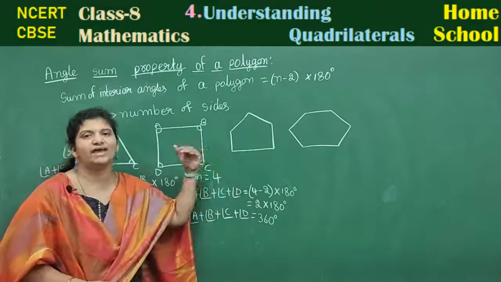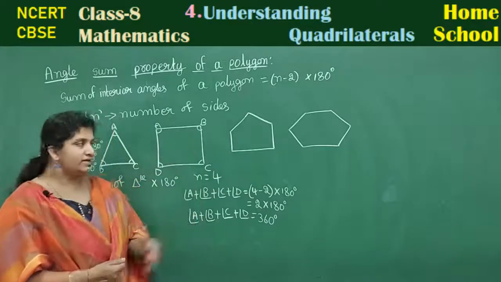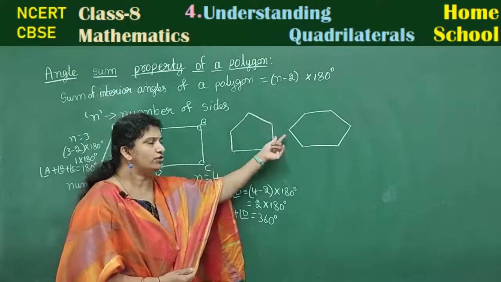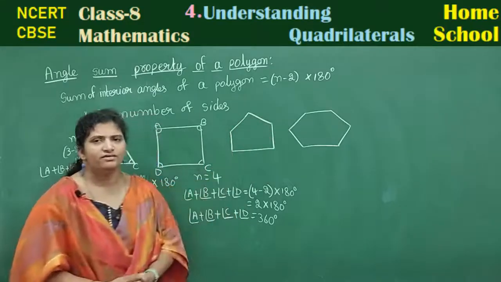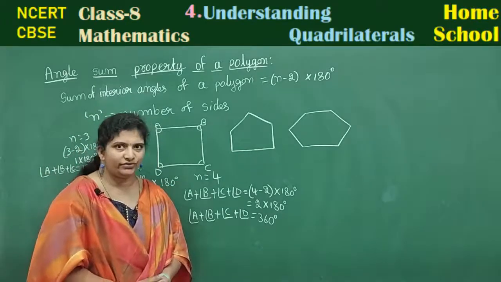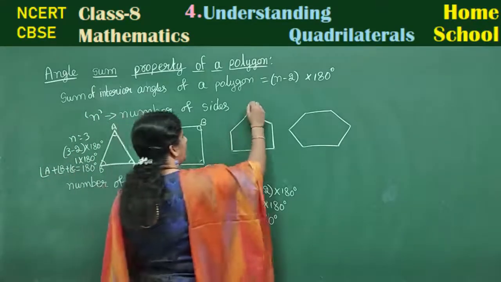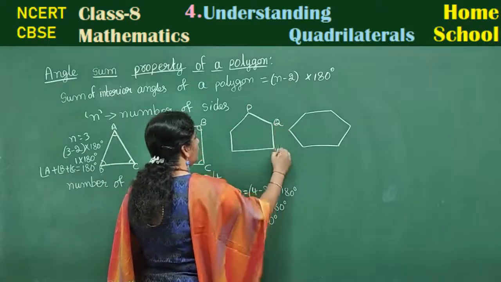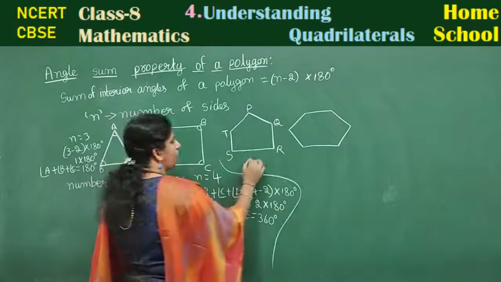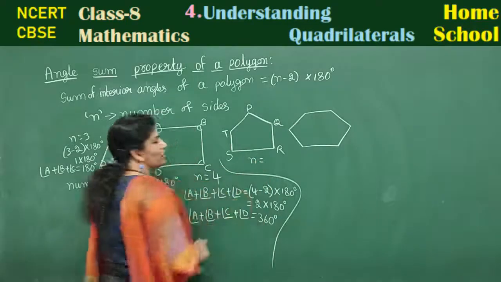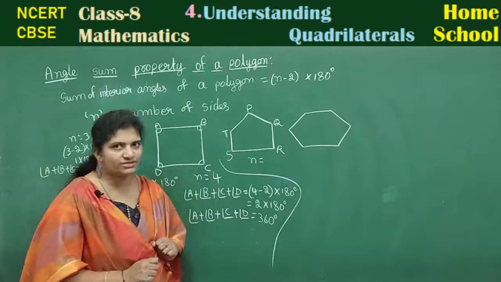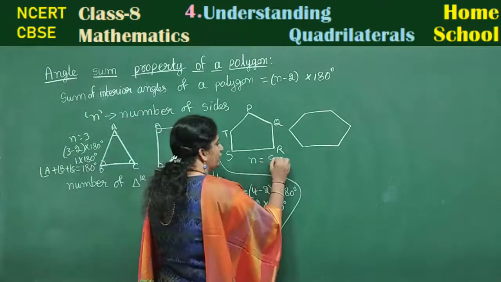Similarly, we can go with the next polygon. What is the next polygon? How many sides does it have? 1, 2, 3, 4, 5. 5 sides. What is the name we call it? Pentagon, right? So let me mark here P, Q, R, S, T. Apply the angle sum property here. What is n? How many sides do you have? 5 sides. n is equal to 5.